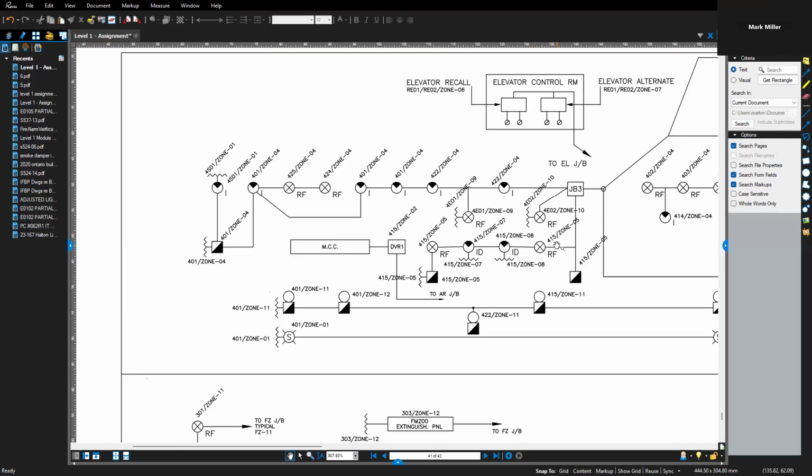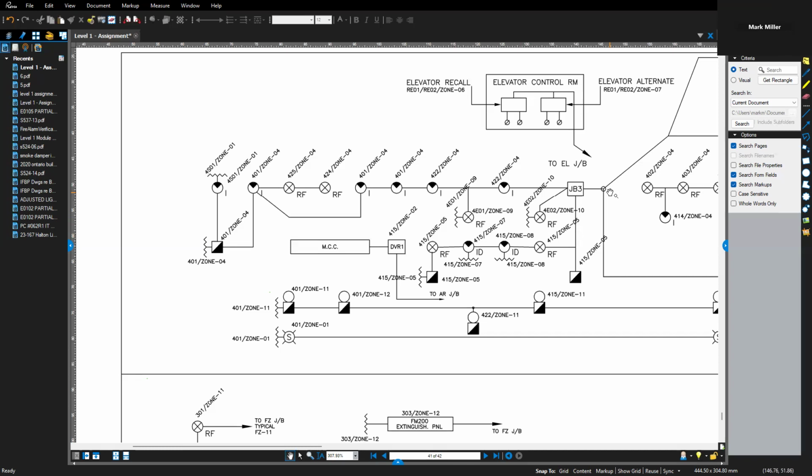So I've got 1, 4, 5, 7, 8, 9, and 10 at that point. That's the number of fire zones that I have. So I know 7 fire zones, I'm going to have a minimum of 14 conductors.